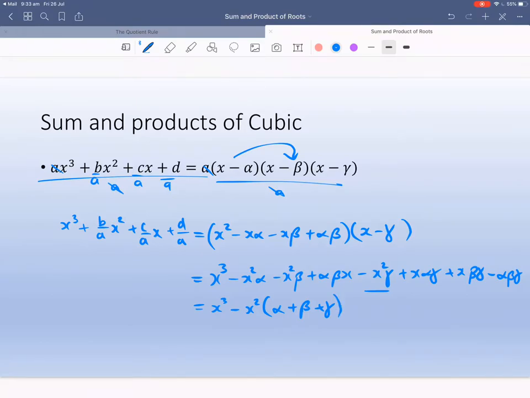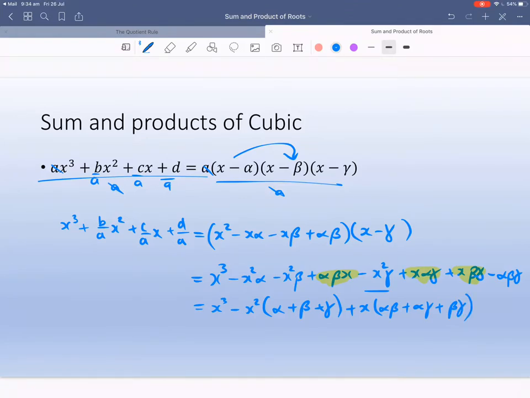Now I'm going to collect everything that's x. So let's go plus x. And I have everything that's x. If you're following it, it will be this one, and this one. And what happens is that we've got two of them. So we've got alpha beta plus alpha gamma plus beta gamma.